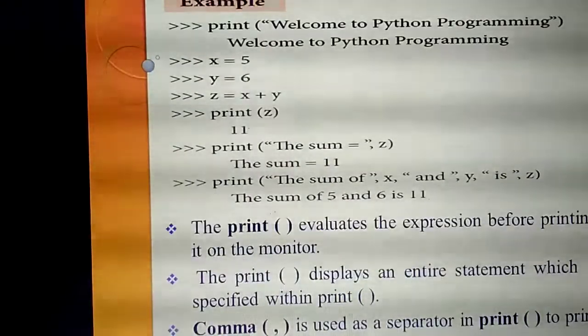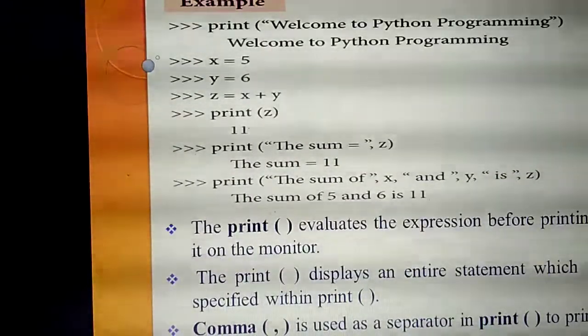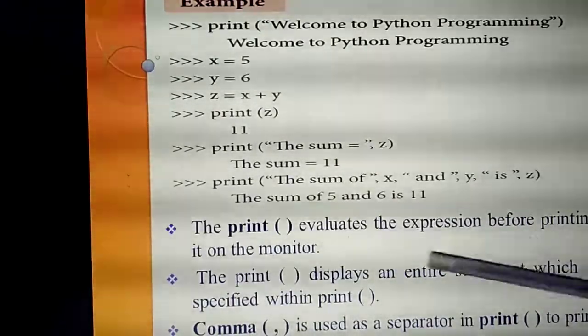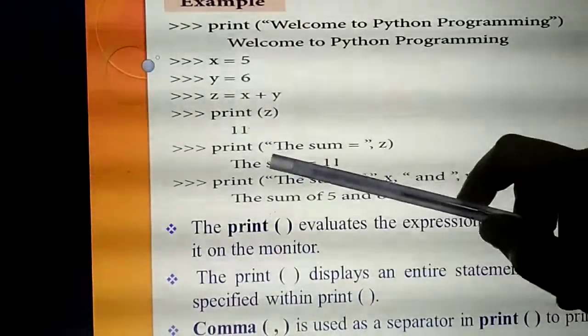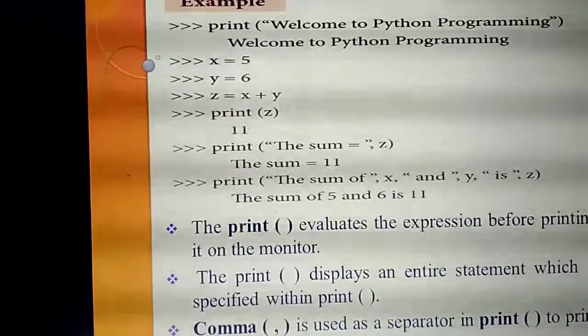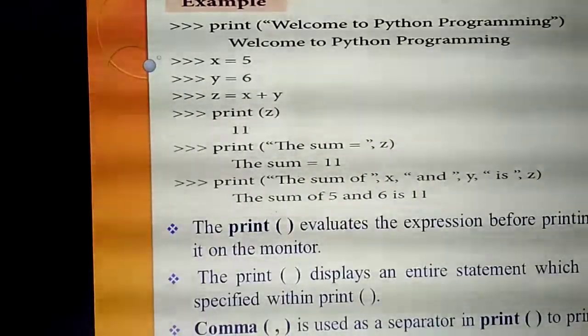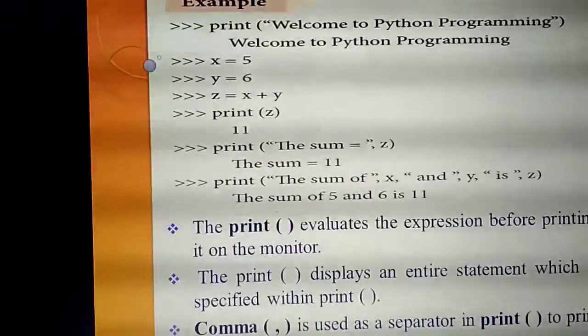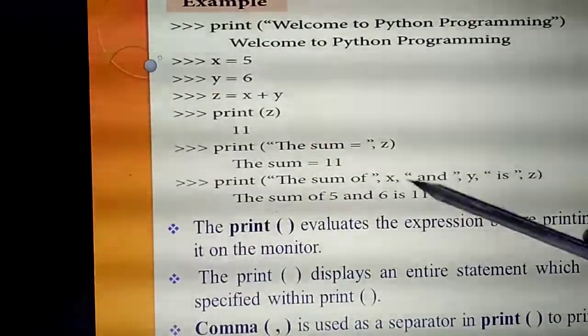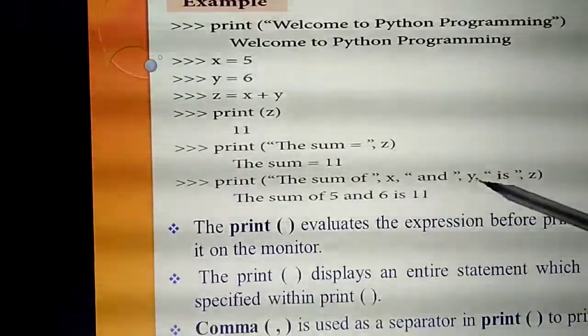Understand? So, whatever statement you need to display in the screen, that you need to specify in the which function? Printf function, between these two brackets. Understand? So, if you are giving more than one item, here how many items you are giving? See, x, then y.